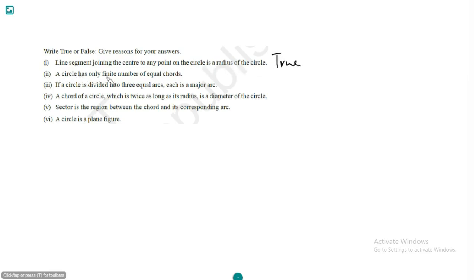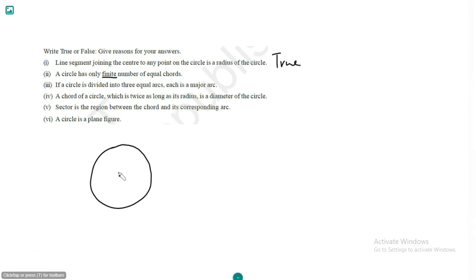A circle has only finite number of equal chords. Let's think about that for a moment. What does finite mean? Finite is a number that you can count as opposed to infinite, which means countless. So does a circle have a finite number of equal chords or an infinite number of equal chords? Let's imagine there's a circle like this and you're trying to draw equal chords.